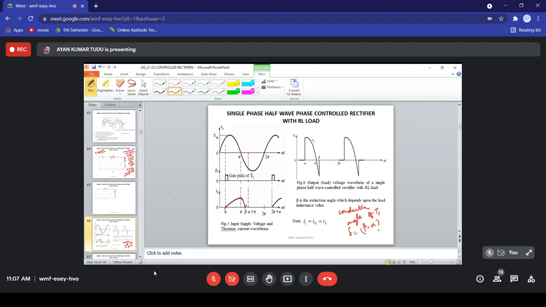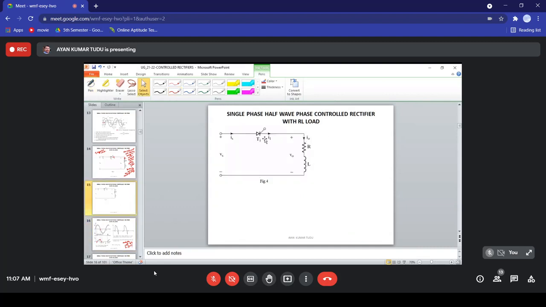So this thyristor T1 will continue the load current until all the inductive energy stored in the inductor L is completely utilized, and the load current through T1 will fall to 0 at omega t equal to beta.